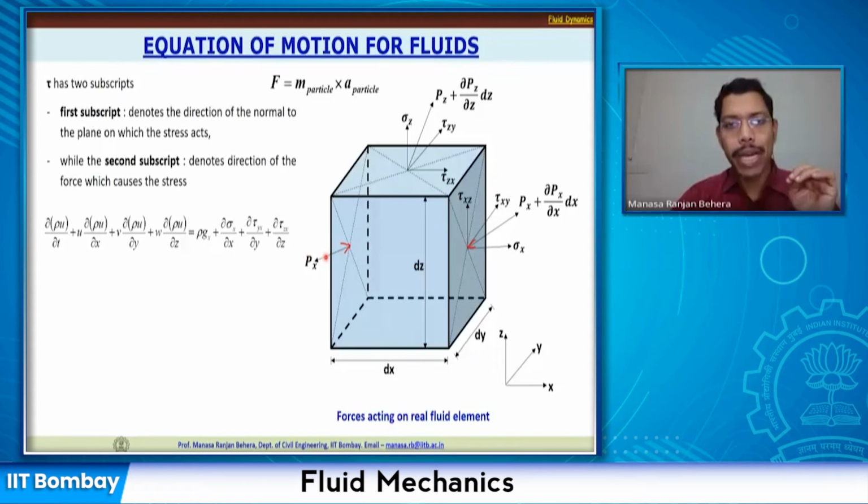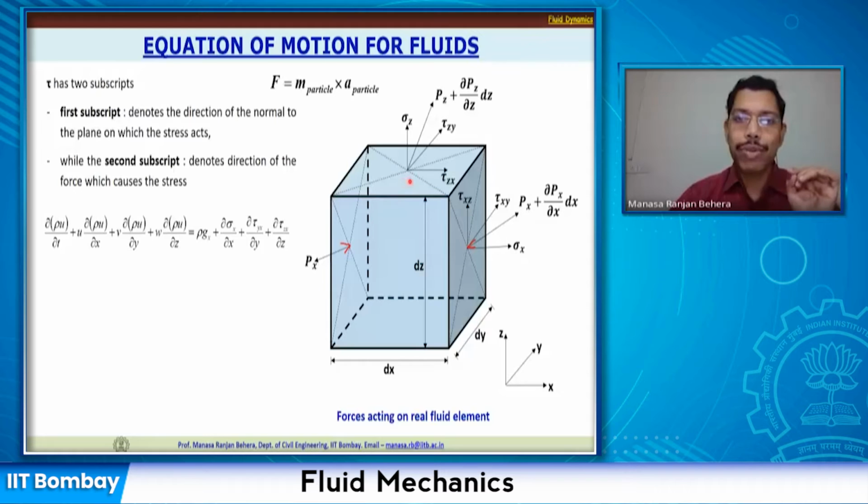If you compare the left side and right side, you will be able to find that the net force going to act in this direction due to this normal stress is only dou sigma x by dou x. Similarly, the shear stresses are going to act, that is dou tau yx divided by dou y plus dou tau zx divided by dou z. These are the ones which are going to act in the x direction.